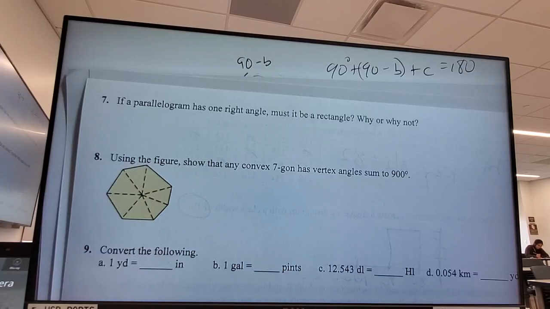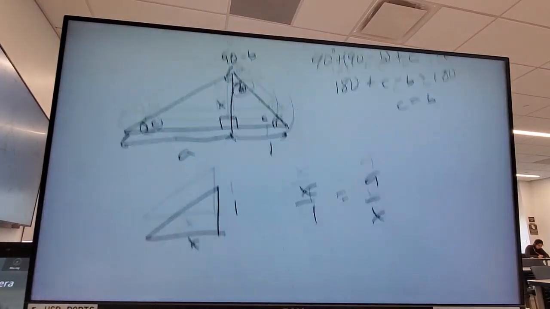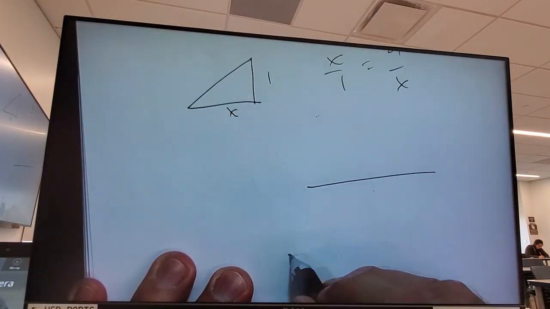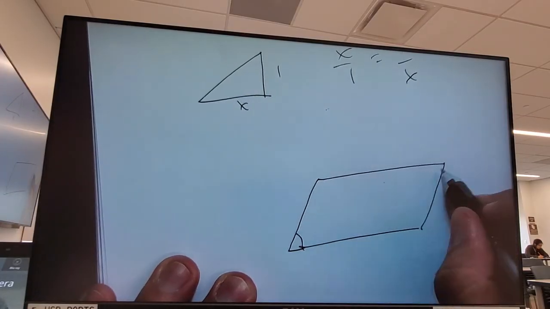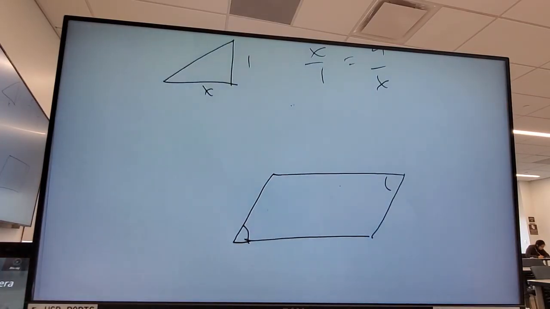So that's one way to approach this problem. Another way is something that I don't think I ever directly stated. What do you think about those two angles? What must be true about those two angles? They must be equal to each other. Yes, so opposite angles in a parallelogram have to equal each other.